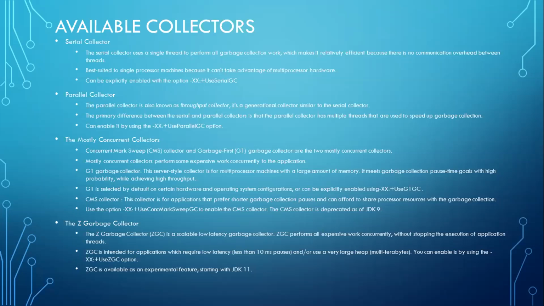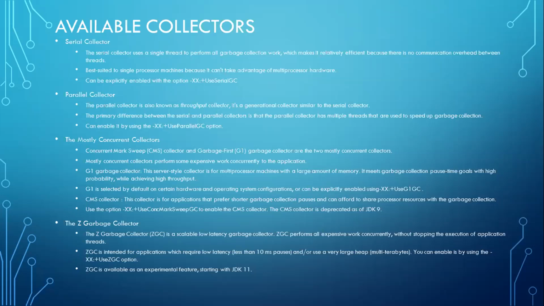The parallel collector, as the name suggests, provides parallelism when you are doing the GC activity. During garbage collection, garbage can be collected through parallel GC threads. That's where the parallel collector comes into the picture.